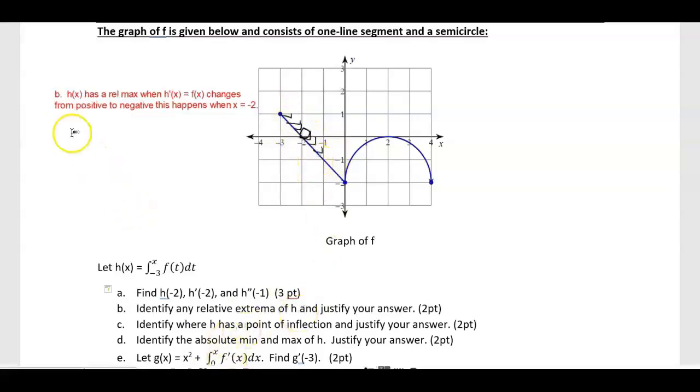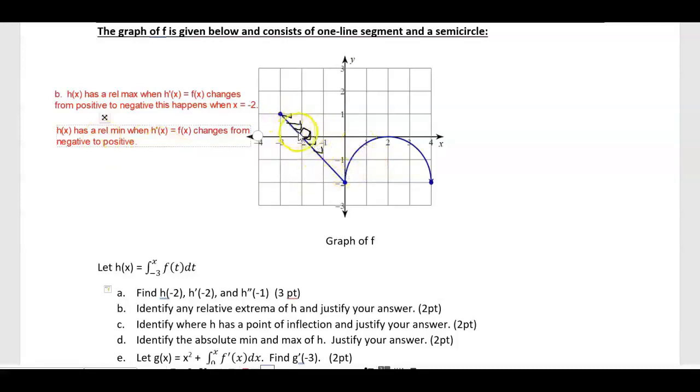Now, the next question that we can address is the relative minimum, because it doesn't say just relative max here, right? It says relative extrema. So we need to look for both. So h of x has a relative minimum when h prime, which equals f of x, changes from negative to positive, the other way. So is there anywhere on this graph where it's below the x-axis and then it changes to becoming above? No, there isn't.